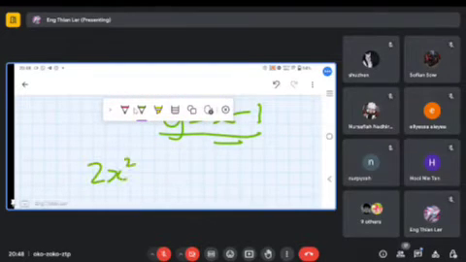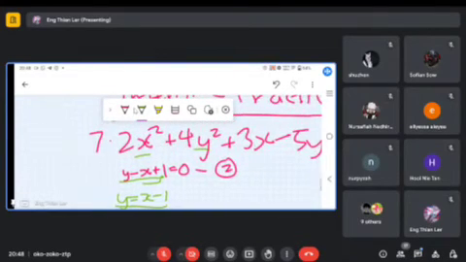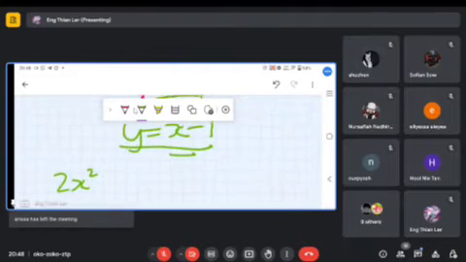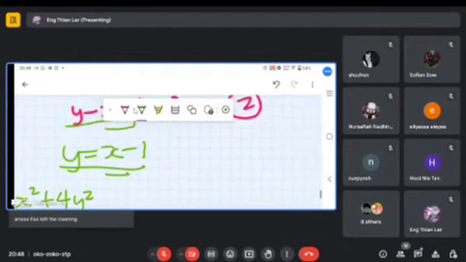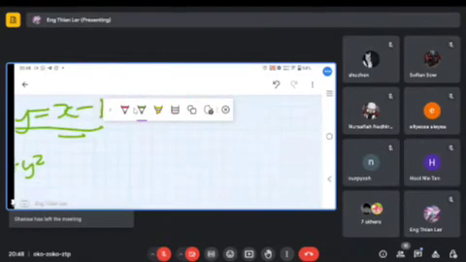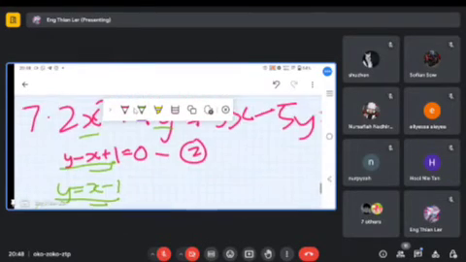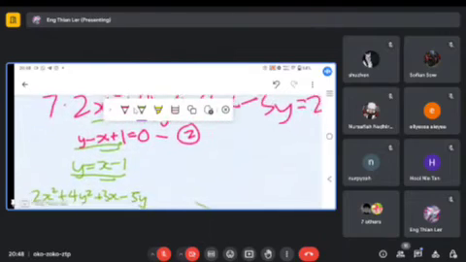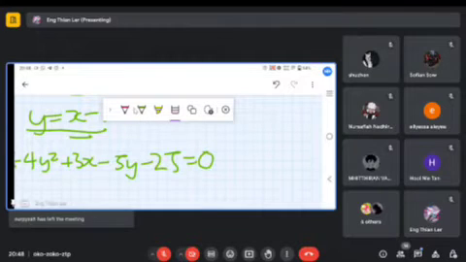I move the 25 over, equal to 0, which is the general form of a locus.